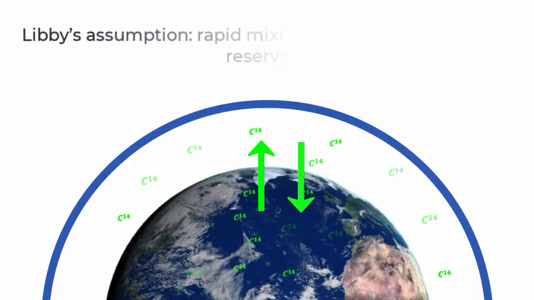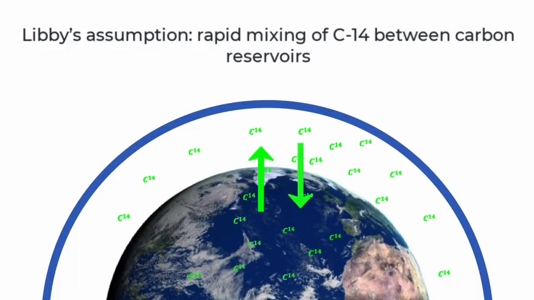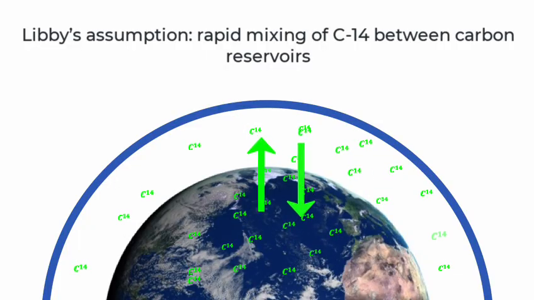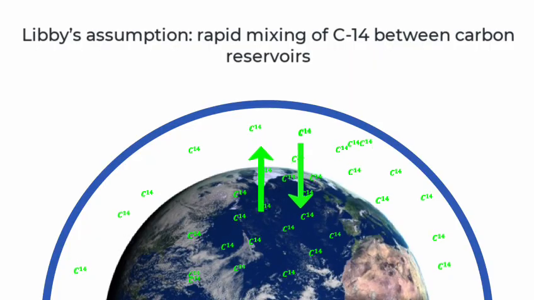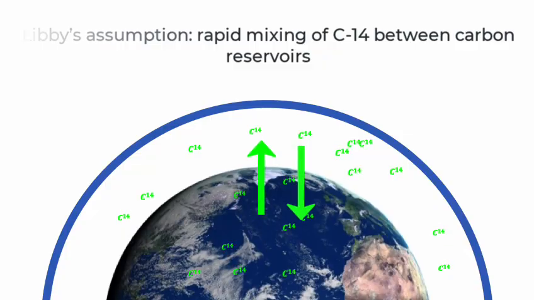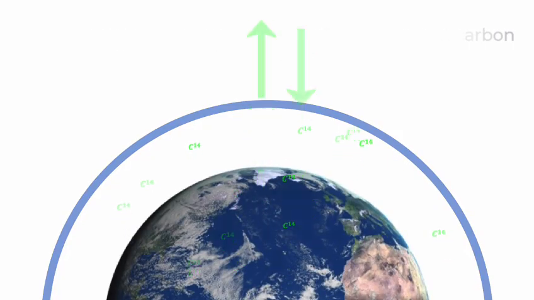Let's return now to Libby's assumptions, which focused particularly on the interaction between the oceans and the atmosphere. However, the C14 concentration in the atmosphere and the oceans is far from only dependent on changes in the ocean volume and temperature. This is just one of many natural effects and phenomena, which are difficult or impossible to estimate, that influence the C14 concentration in the atmosphere.